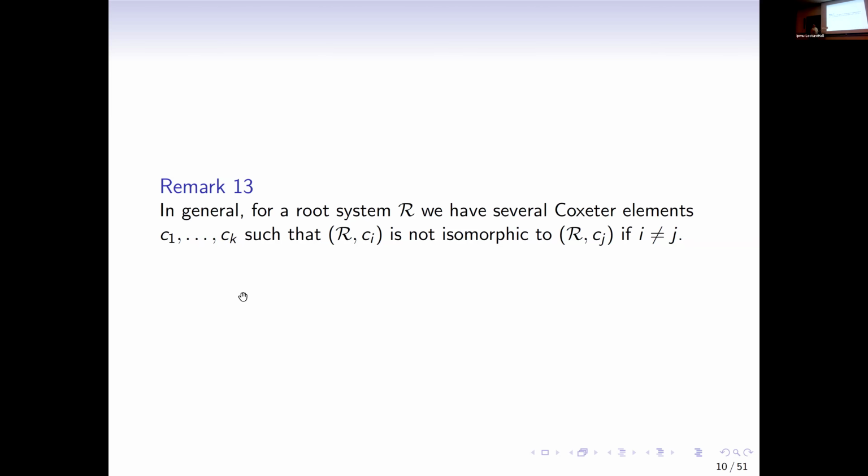For example, for the affine A_n case, the usual extended Dynkin diagram is something like a loop.